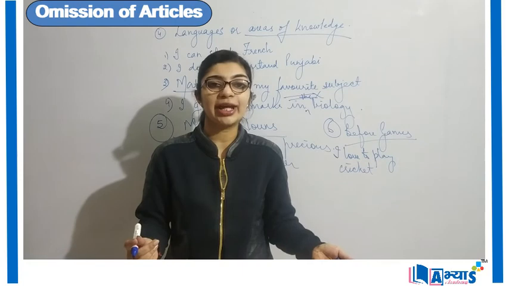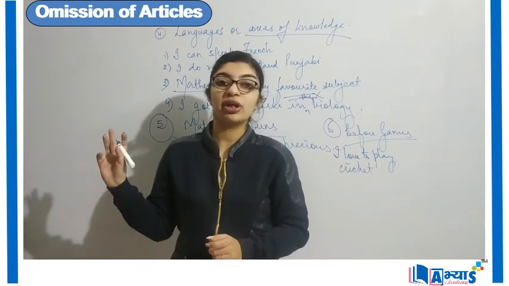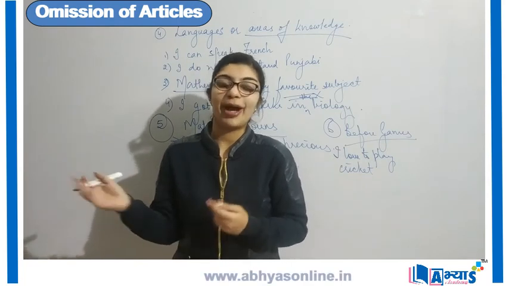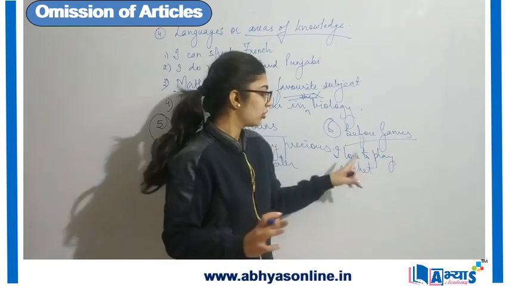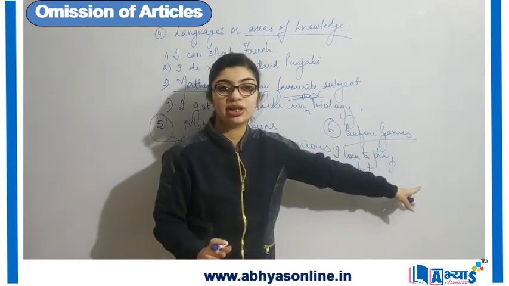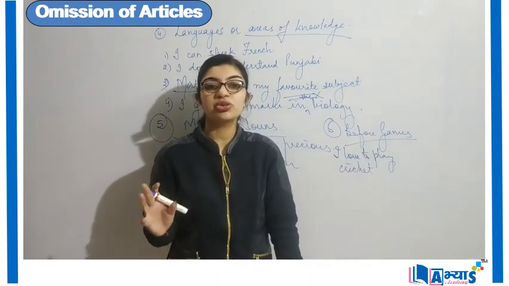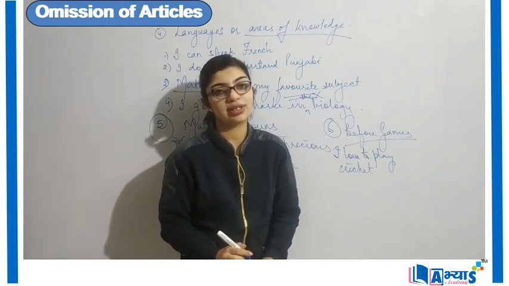I do not like playing football, right? The volleyball is a very nice game. No, volleyball is a nice game. Badminton is my favorite game. The badminton, wrong. So whenever we are talking about games, the usage of articles is not required. We omit the usage of articles.